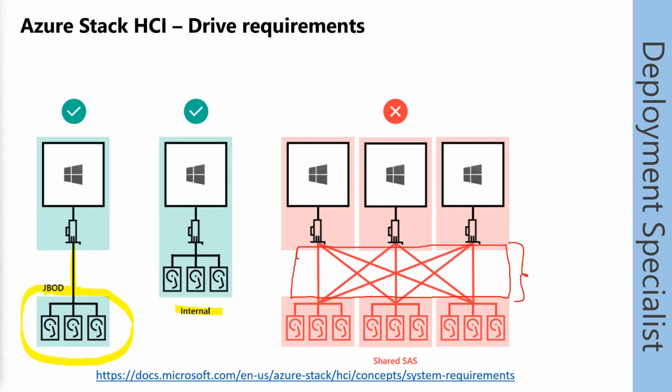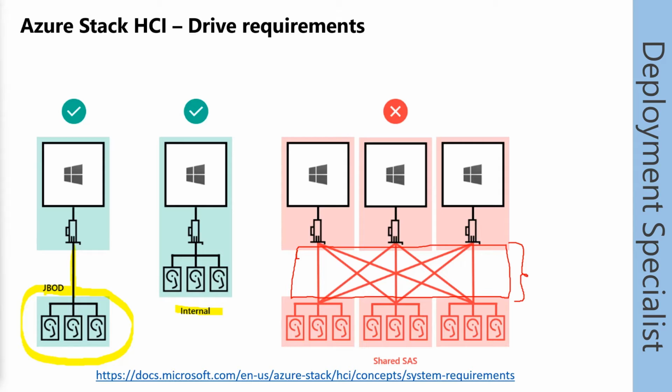In this scenario in Windows Server 2012 and 2012 R2, each JBOD had to be cabled to each server, and this whole cabling we see here is done in Windows Server 2016, 2019, 2022, and Azure Stack HCI via the software-defined storage bus. So we don't use any longer any cables between the servers except the network connectivity. And this is important to keep in mind because if you would build this, it would not be supported and it would not work.